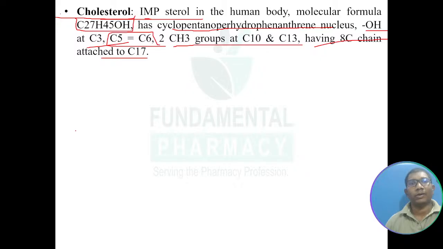So one hydroxyl group at C3, one double bond between C5 and C6, two methyl groups at C10 and C13, and an 8 carbon chain attached to the 17th carbon atom. So: molecular formula, the ring nucleus present in the structure, and these features.